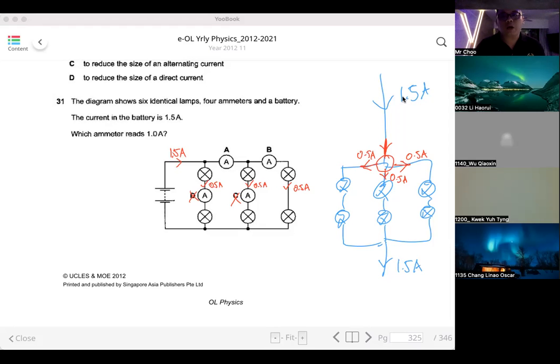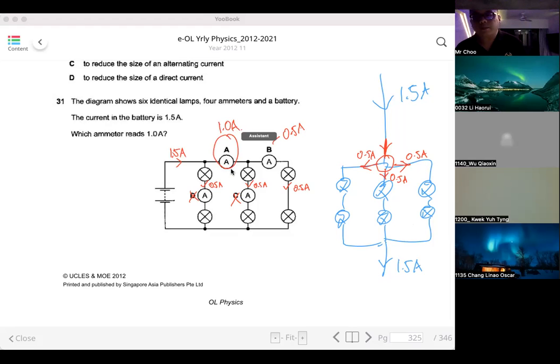So this 1.5 ampere of current will be split equally among the three branches, so each branch will be 0.5 ampere. So in this case, B is 0.5 ampere. A is a combination of B and C. So the only answer for this will be A. This will be 1.0 ampere.